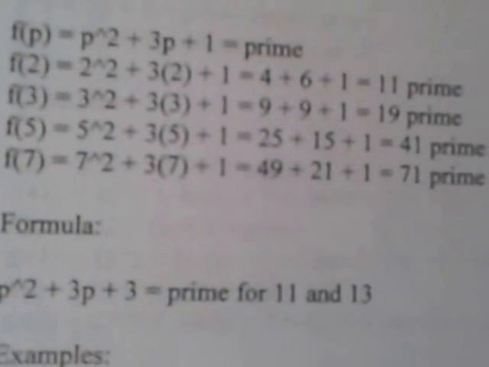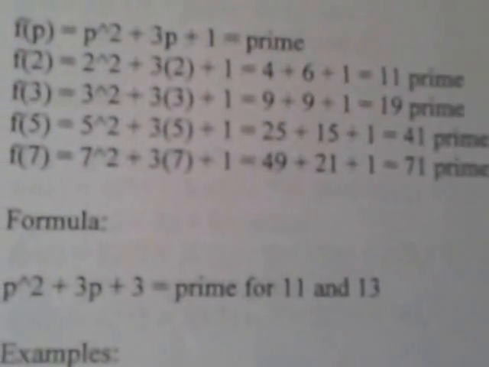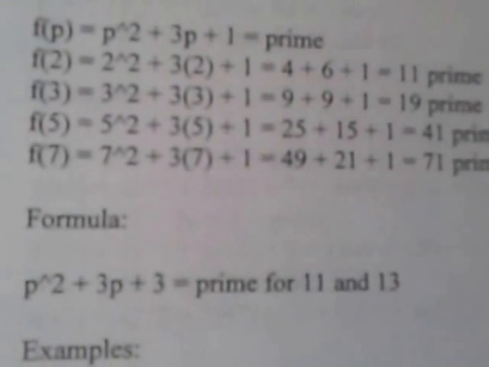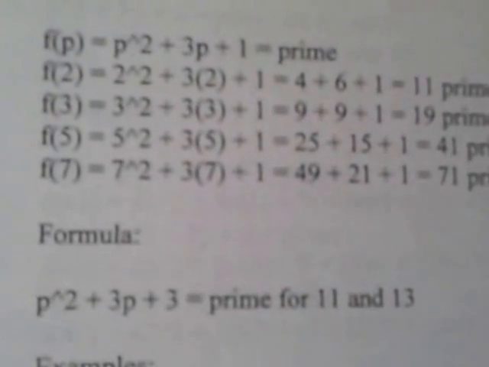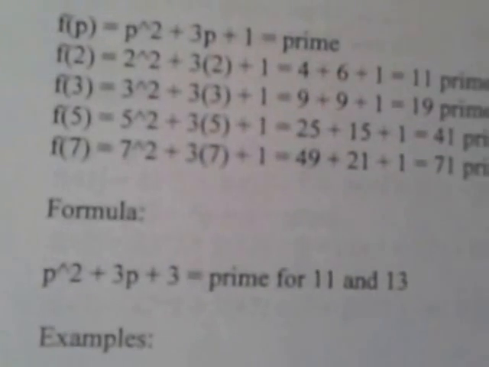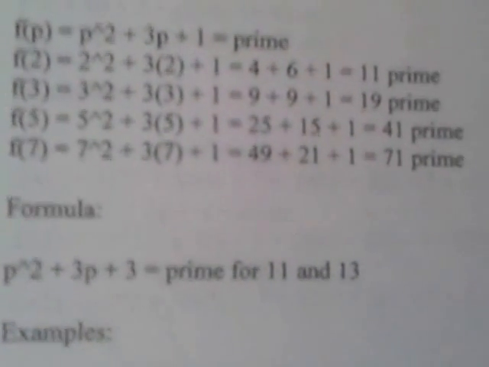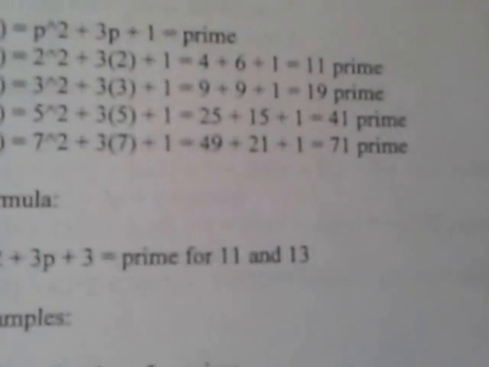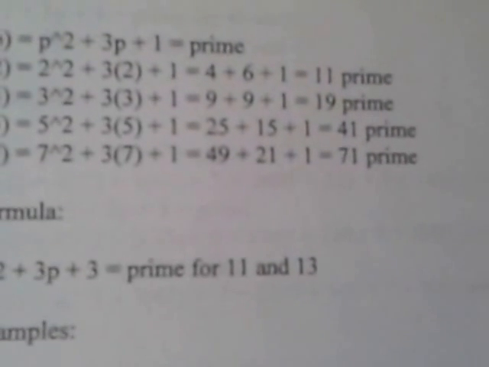You substitute p for 2, 3, 5, and 7. So you take the p out and you place 2. Then f of 2 becomes 2 squared plus 3 times 2 plus 1 equals 4 plus 6 plus 1, which gives you 11, prime.